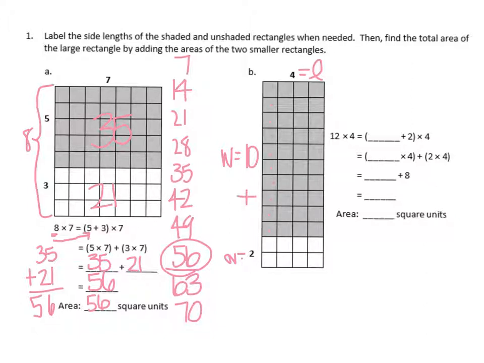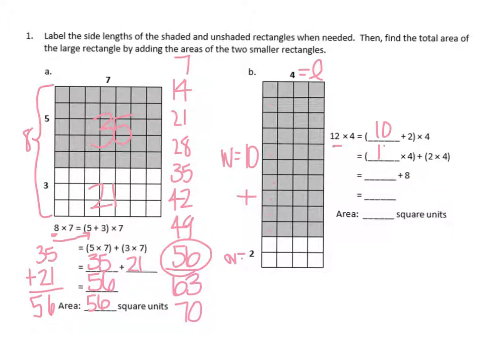Altogether, when I combine these, I will get a total width of 12. And that's where the 12 is coming from. So really, if I take a look at the rectangle as a whole, I'm multiplying 12 times 4. But I can break apart 12 into 10 plus 2, and then multiply it by 4.